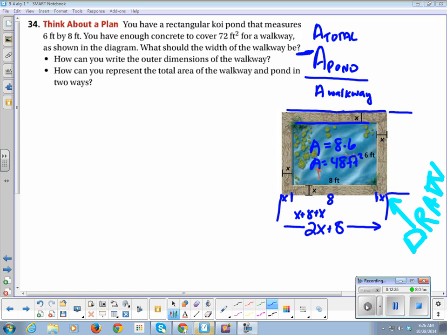So my total length is 2x plus 8. Using that same process here, where I know that this guy is 6 plus x plus another x, or 6 plus 2x is my width.